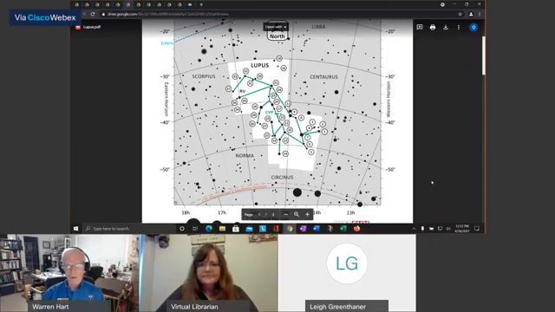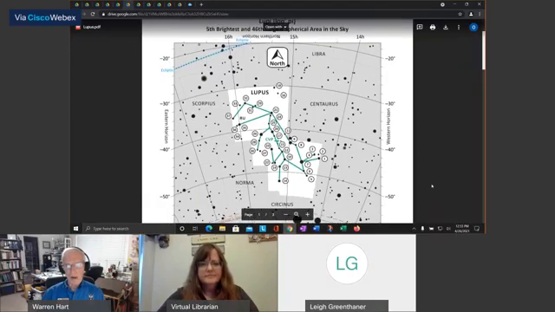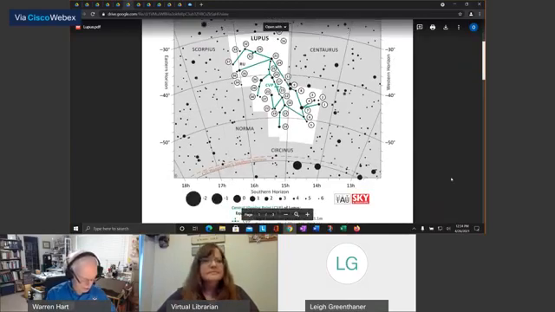So that'll give you some ideas of how to find Lupus the Wolf. And notice if you can scroll up a little bit on the first page, you'll see that it's right below Libra, the balance scale, and also it's below Scorpius. So we have that. All right, let's go on.